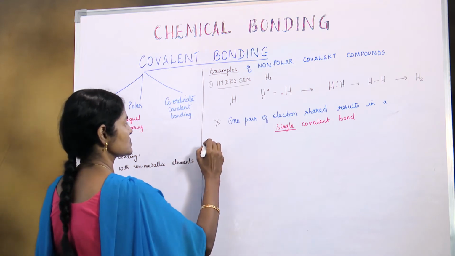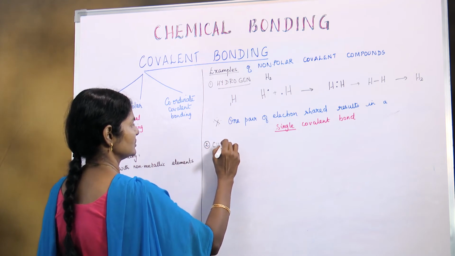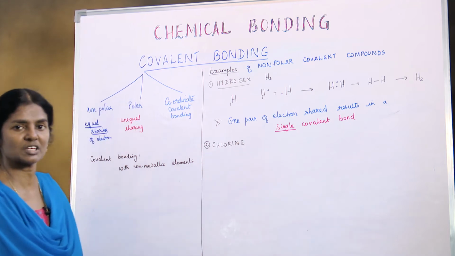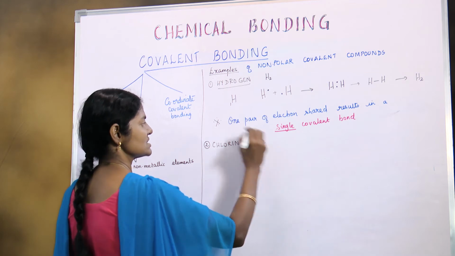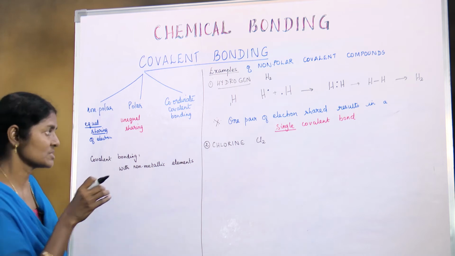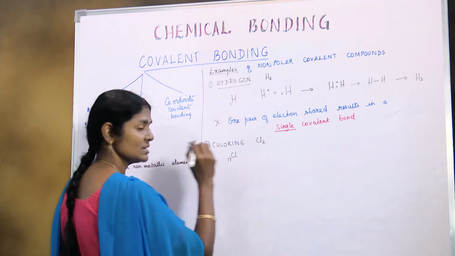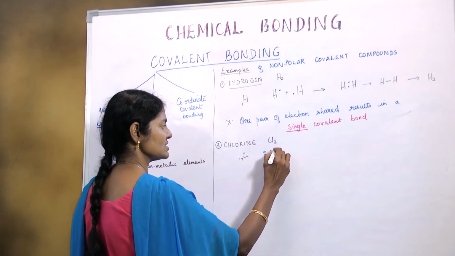Similarly, when we come to chlorine, chlorine also is diatomic, which means it is made up of two atoms. So we write it as Cl2. Now, when two non-metallic chlorine atoms combine, the atomic number being 17, the configuration is 2, 8, 7.